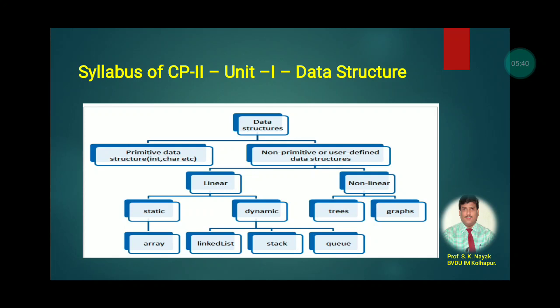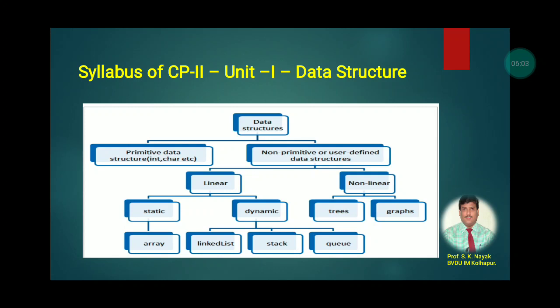We have to define at the beginning the type of array and the size of array. But in dynamic linear data structure, we will find different examples like linked list. In a linked list, you will have several kinds of linked list like single linked list, double linked list, circular linked list.